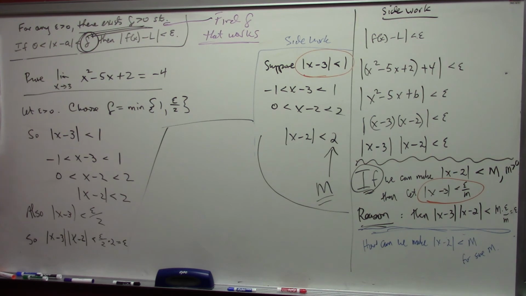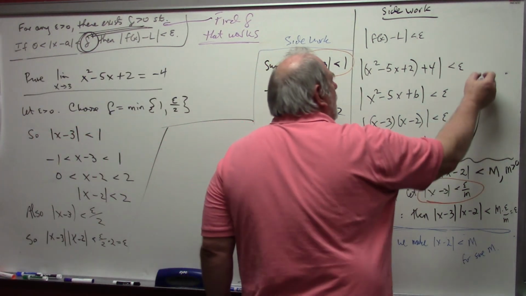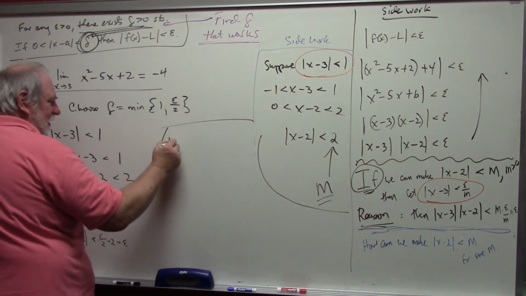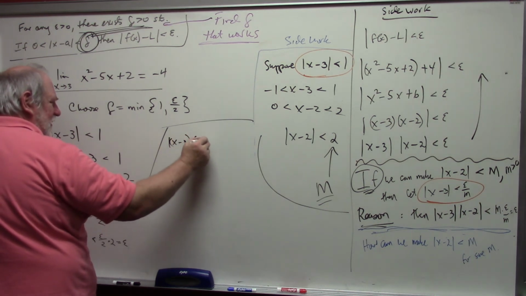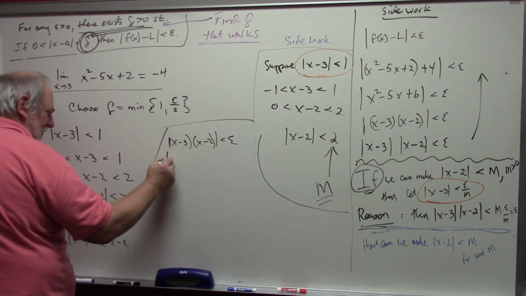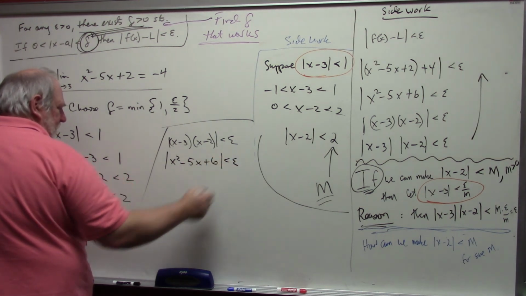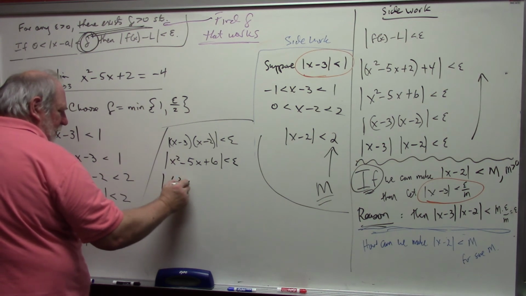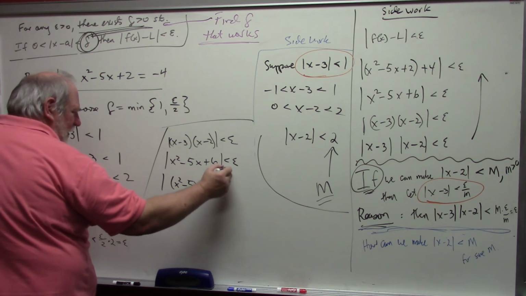And now I am right here, and we do this algebra up this way, which means the absolute value of x minus 3 times x minus 2, putting them together, is less than epsilon, which is the absolute value of x squared minus 5x plus 6, which is the absolute value of x squared minus 5x plus 2 plus 4.